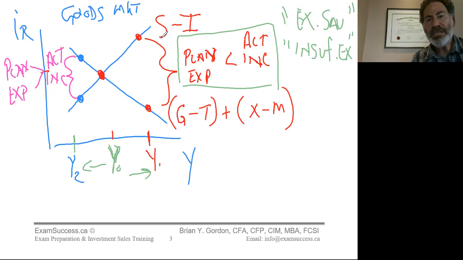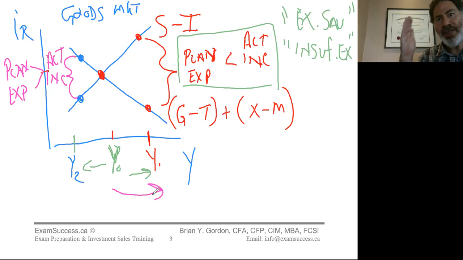We're looking for signals in the question. What if the income level increases? If the income level increases, then I would take that as a signal from CFA to say that we're over here, in a situation where planned expenditures are less than the actual output or the actual income, or we have excess savings or insufficient expenditures. That's how I crack the code.